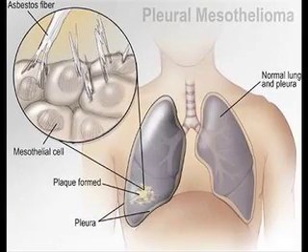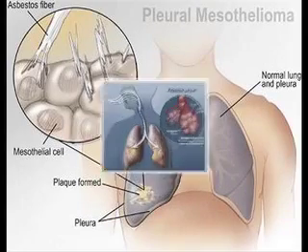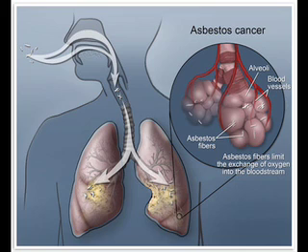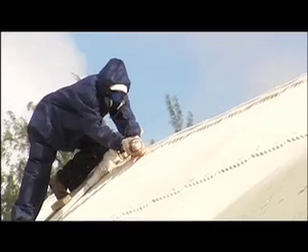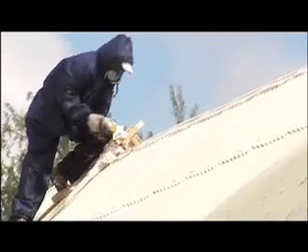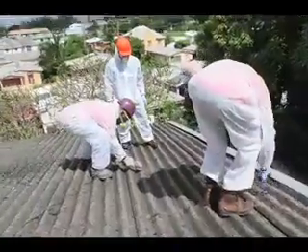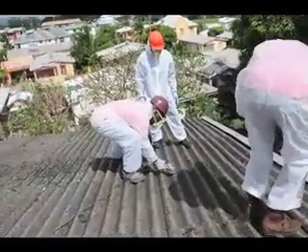Exposure to asbestos has been shown to cause serious health issues. Then he has the right to say, well, hold on a minute. I don't feel safe doing this job. I'm going to refuse to do this dangerous job.